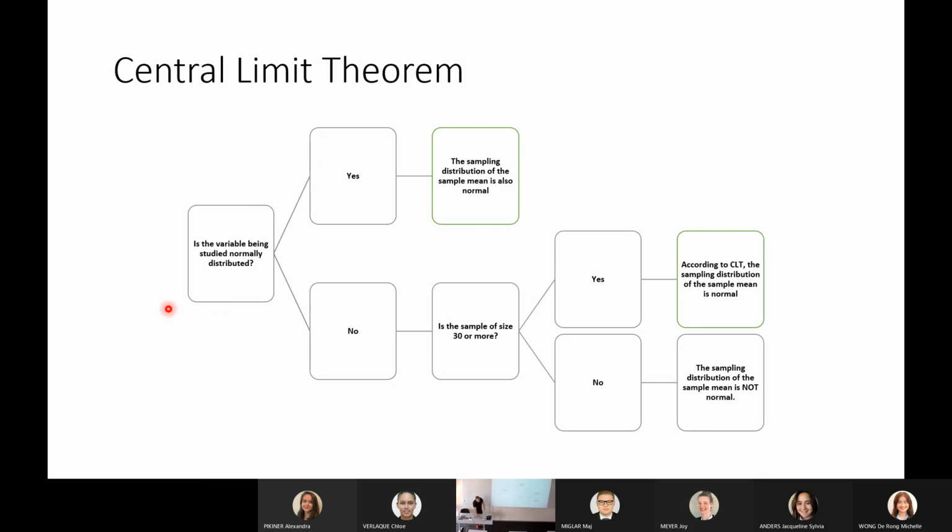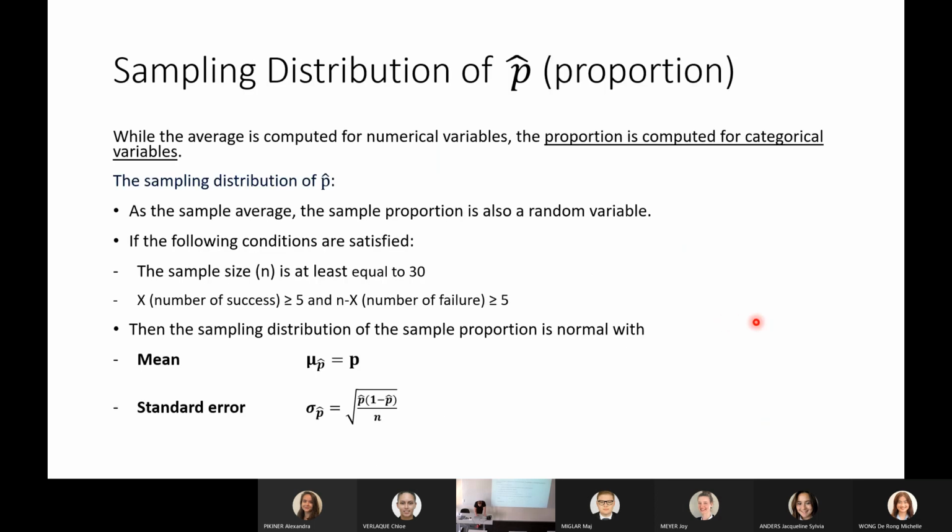If the variable is not normally distributed, then we ask ourselves, is the sample size 30 or more? It must be more than 30 to conclude that the sample mean is normal. If it's less than 30, we cannot conclude that and cannot use the standard normal distribution.